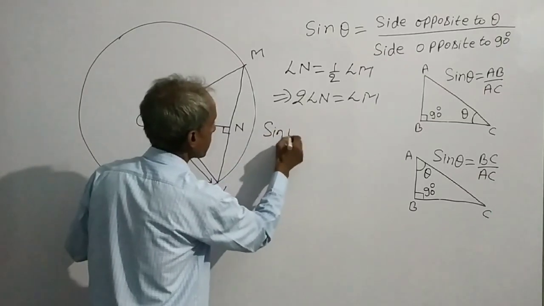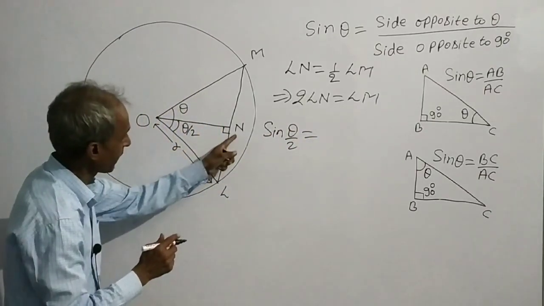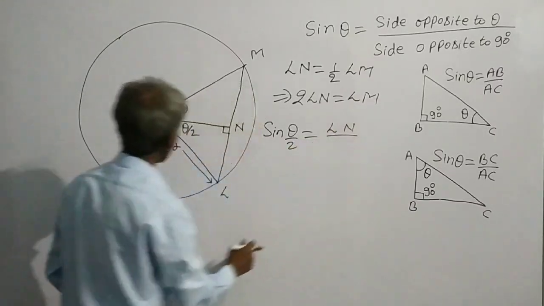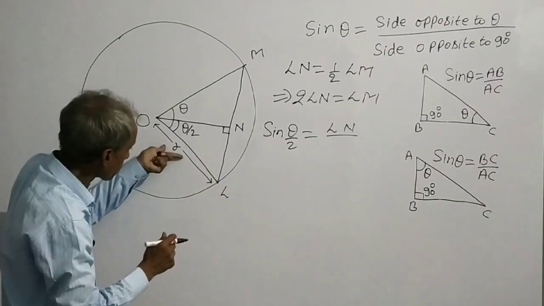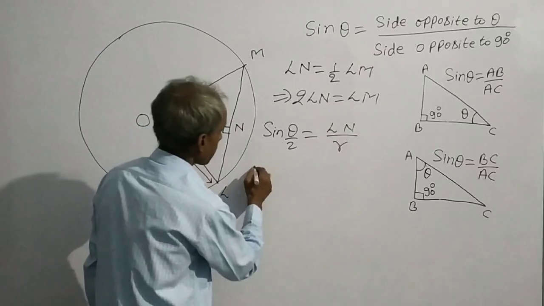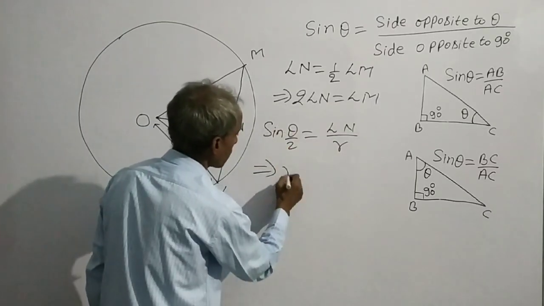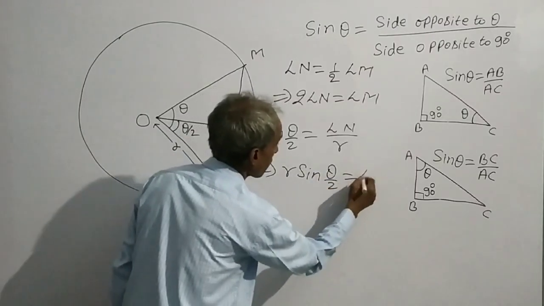Sin theta by 2 will be equal to Ln by OL, but OL is equal to R, the radius of the circle. This implies R sin theta by 2 is equal to Ln.